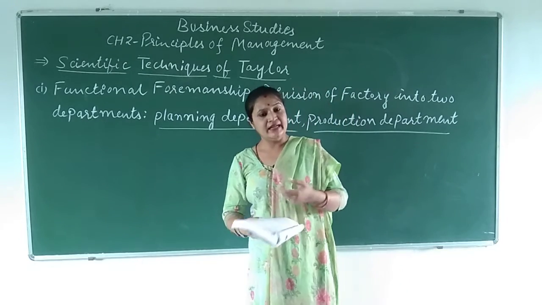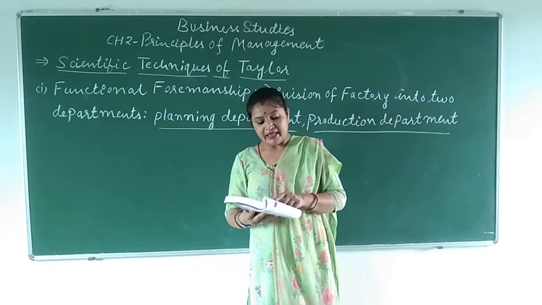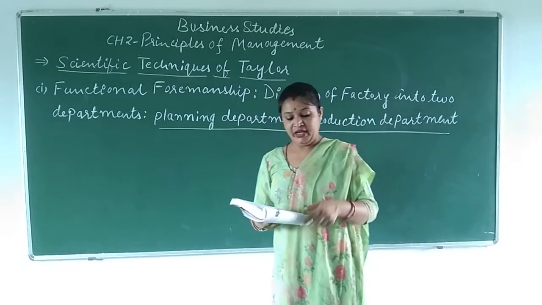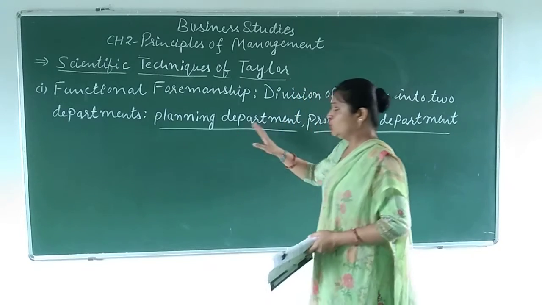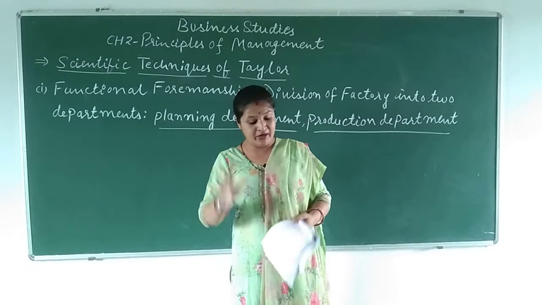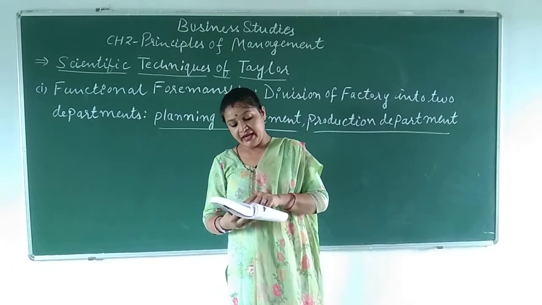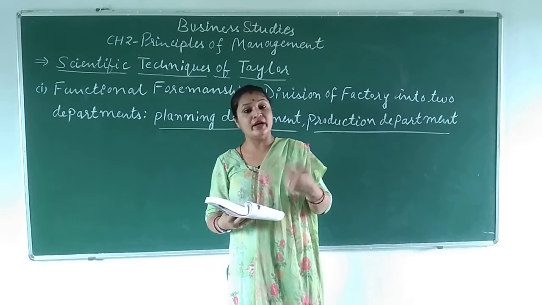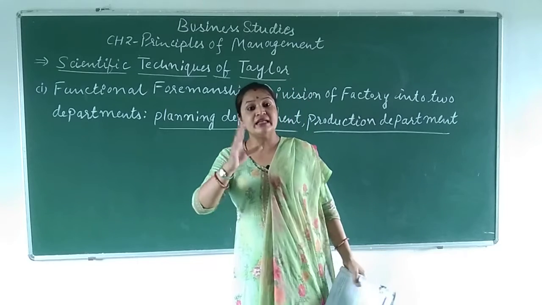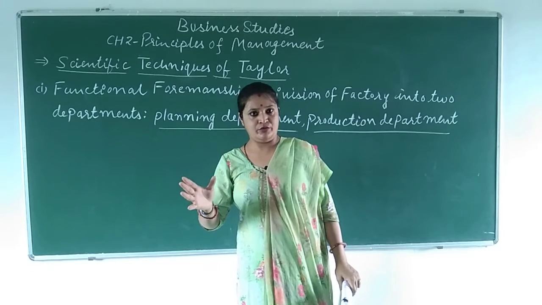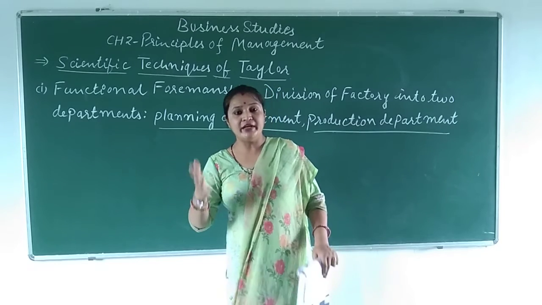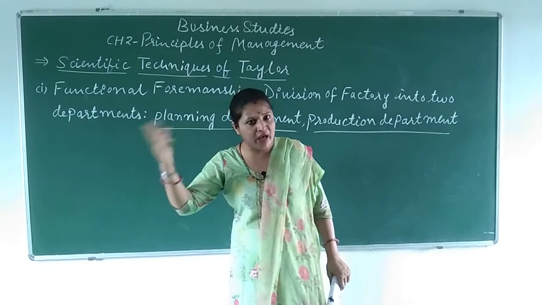In this technique Taylor suggested the division of the factory into two departments, the planning department and the production department. Taylor felt that workers must be free from the burden of planning. The organization has appointed the workers for production.